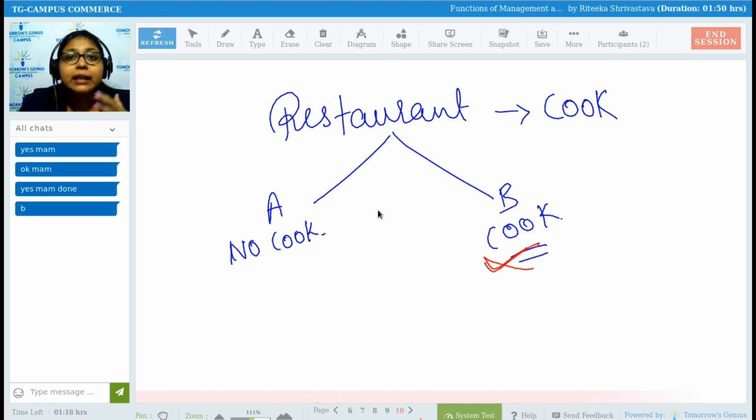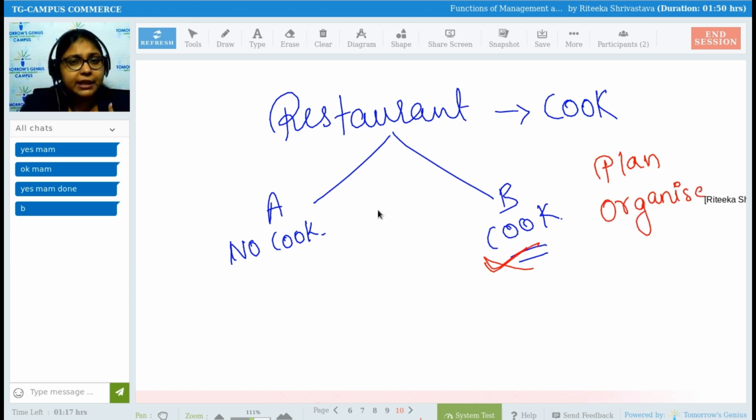Now, if I talk in terms of organization, first thing, the organization made a plan to reach the goal. To start implementing the plan, the organization is going to need resources. So that is why the organization will organize everything.